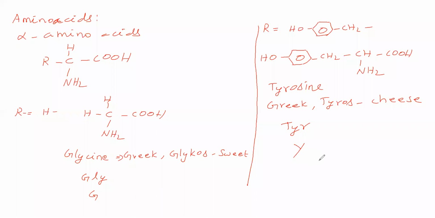Next, we will take the types of alpha amino acids. One type is called acidic amino acid, next type is basic amino acid, and next type is neutral amino acid.